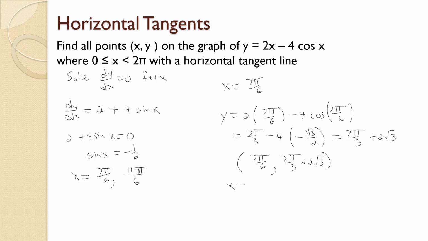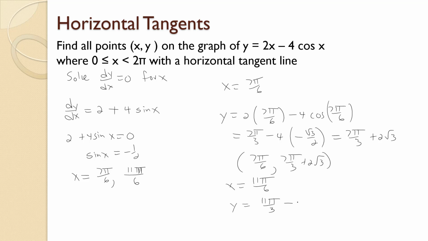Because there's another x-coordinate, the other x-coordinate is 11 pi over 6. In that case, the corresponding y-coordinate would wind up being 2 times that. That's 11 pi over 3. You then have minus 4 times the cosine of that angle. But the cosine of 11 pi over 6 is actually positive square root of 3 over 2.